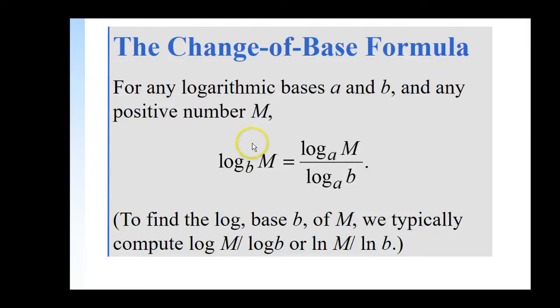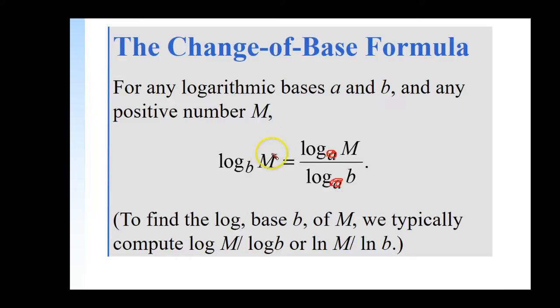Now you may want to take some notes on this. This is the actual change of base formula. Now when we use it, we usually modify it, and what they're saying here is you're going to either log base 10 or base e. You can use either one.